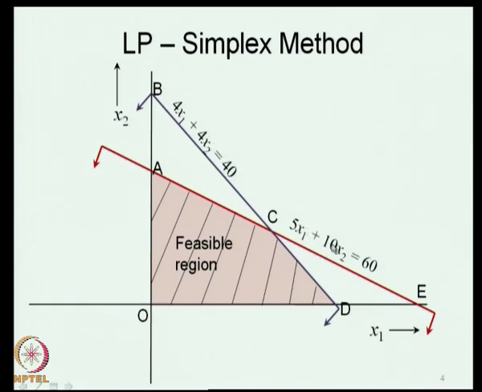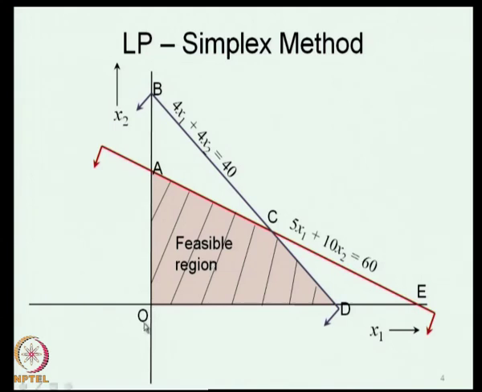Similarly, 5 x1 plus 10 x2 equal to 60 is the bound on the constraint 5 x1 plus 10 x2 less than or equal to 60, and the intersecting region between the regions of these two constraints will be this region, in which any point will be a feasible solution, and therefore this region is called the feasible region.